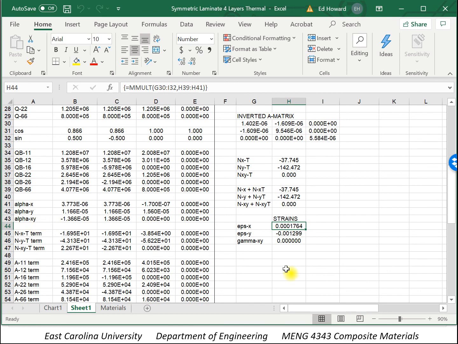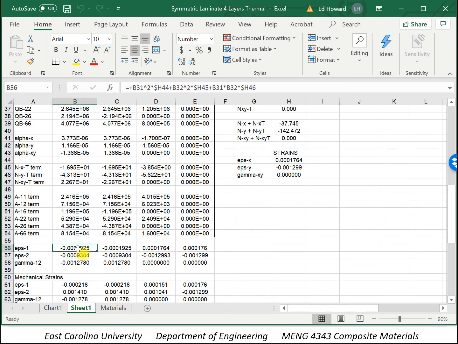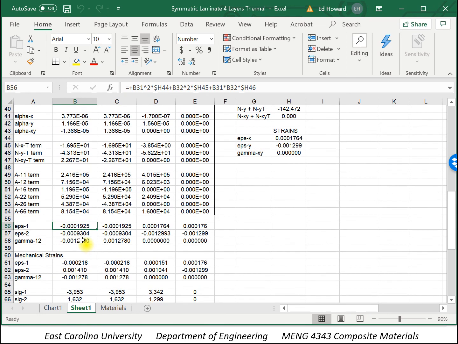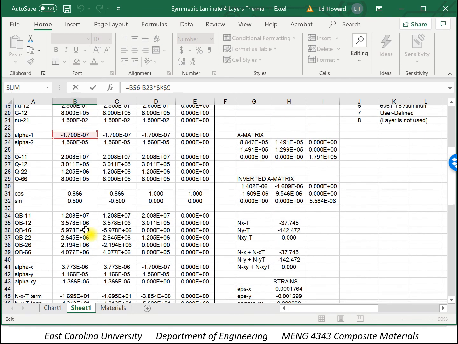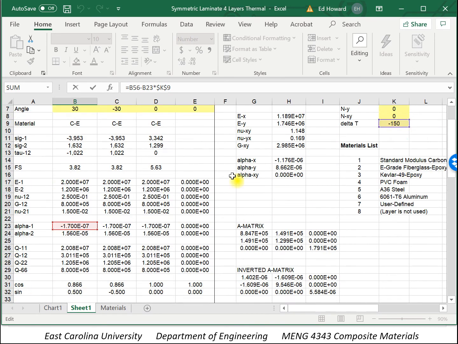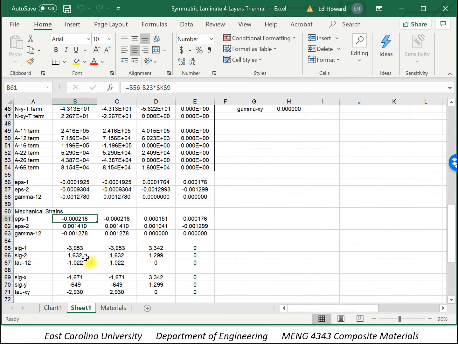Now it gets a little more complicated over here because we have to take these strains and convert them into, first of all, into the local coordinates, epsilon x, epsilon 1, epsilon 2, and gamma 1, 2. But then for the mechanical strains, we have to take those total strains and subtract off alpha times delta t. And so those become our mechanical strains. We can then multiply those by the Q matrix and get our stresses and then transform them into the x and y coordinate system just as before.